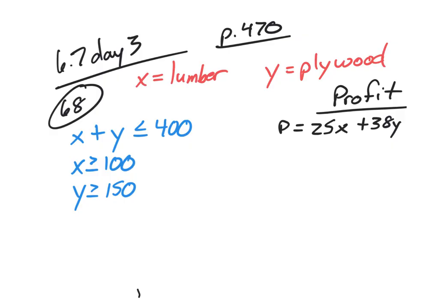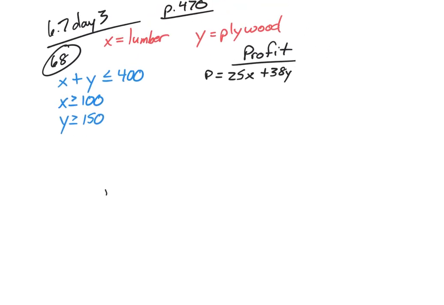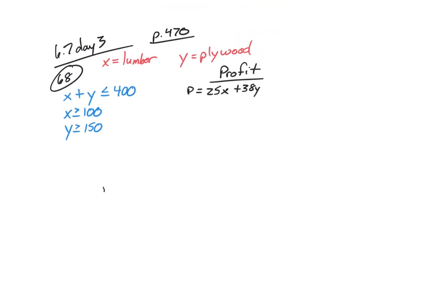And so, just like yesterday, we know that our graph is going to be in the first quadrant. Before we decide what our increments are going to be on the x and y axis, I think it would be good to go ahead and get our x and y intercepts here.